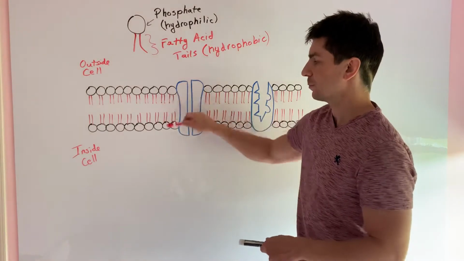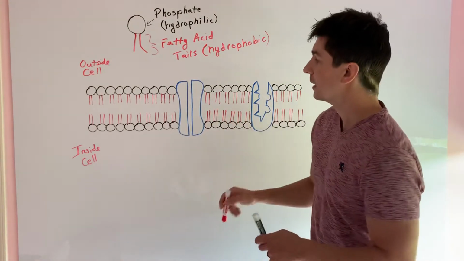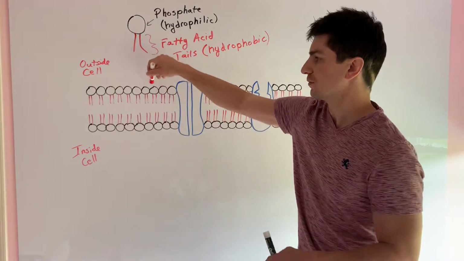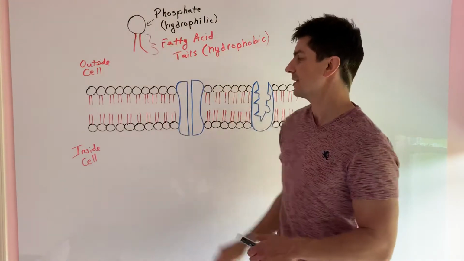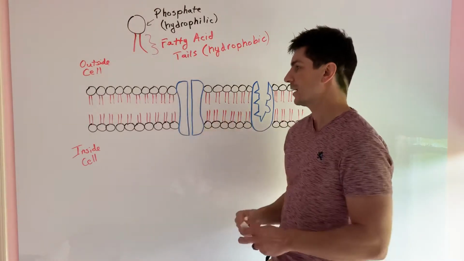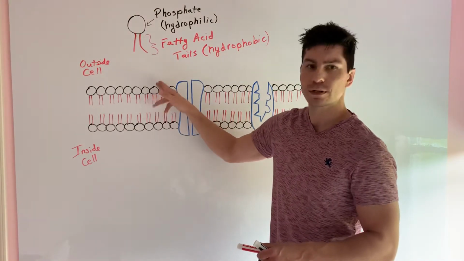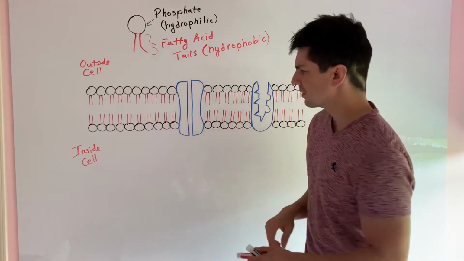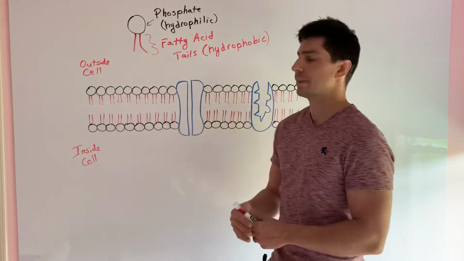And then we have a double layer of fatty acids in the middle. If we put water in here, the water would get up close and personal to our phosphate heads. But the second it tried to squeeze through, it would get repelled by the fatty acid tails, and the water would have to turn backward.